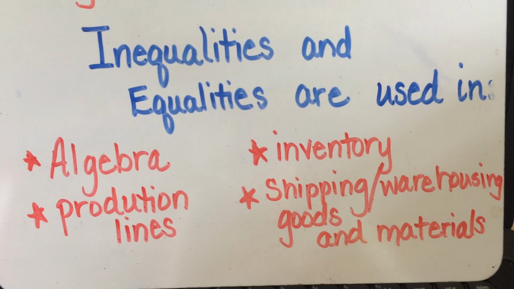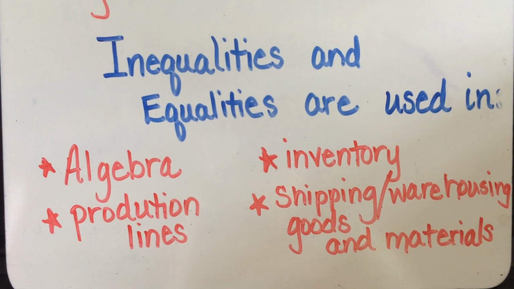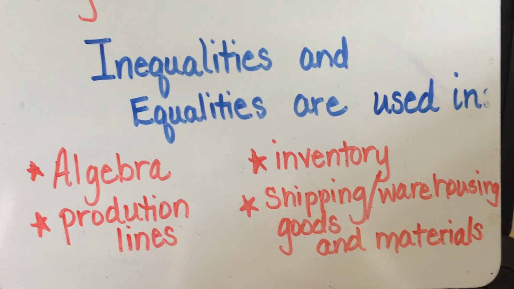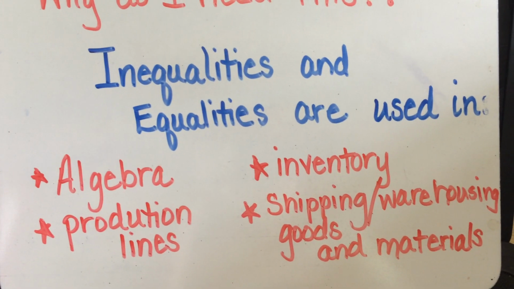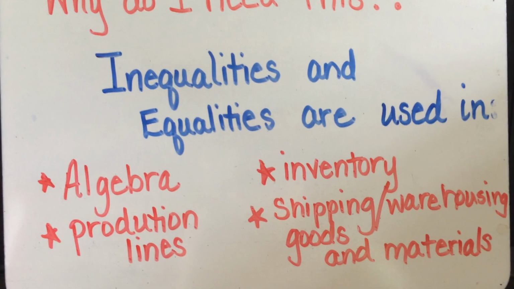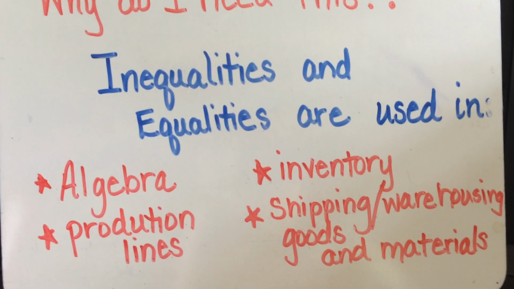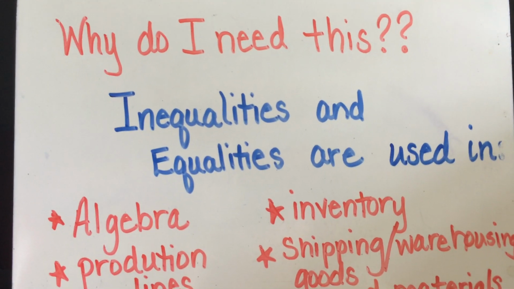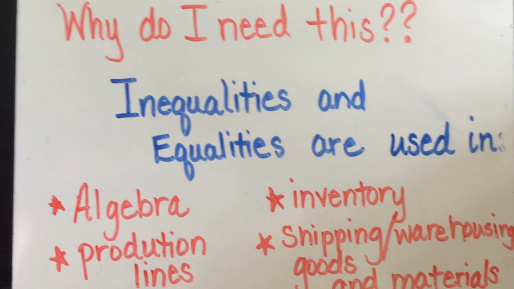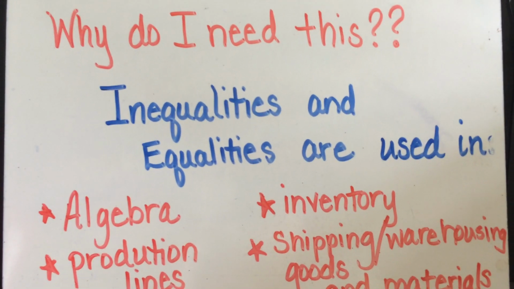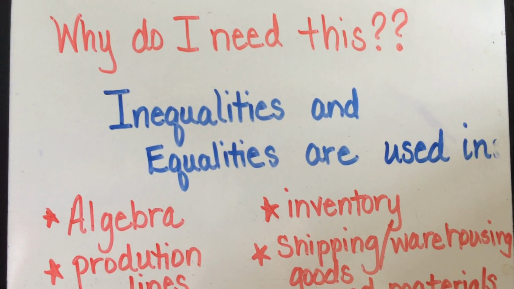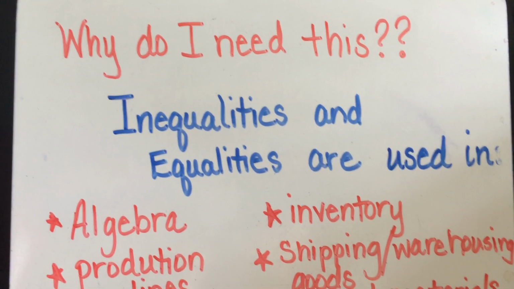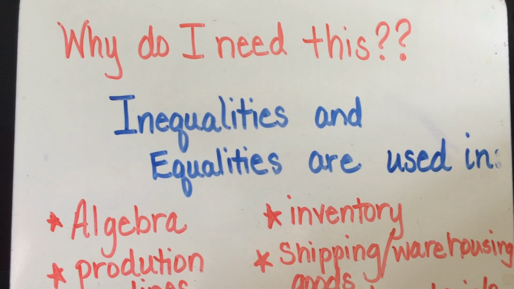Shipping and warehousing goods and materials. Some of you are actually learning to do that. You're going to need to know where your equalities and inequalities lie when you're doing these things. So guys, this is used on a daily basis in life. So figure this out. It always points to the smallest number.